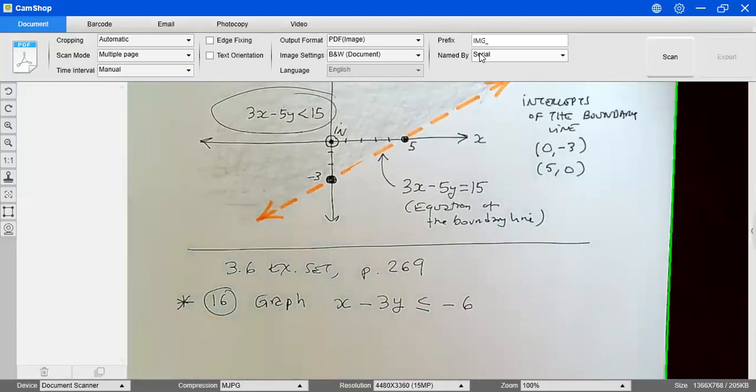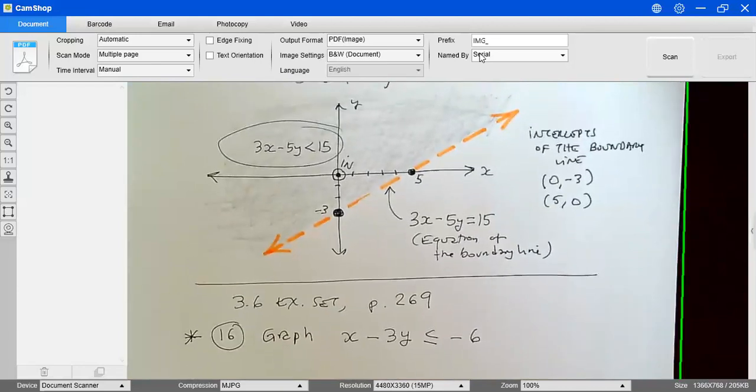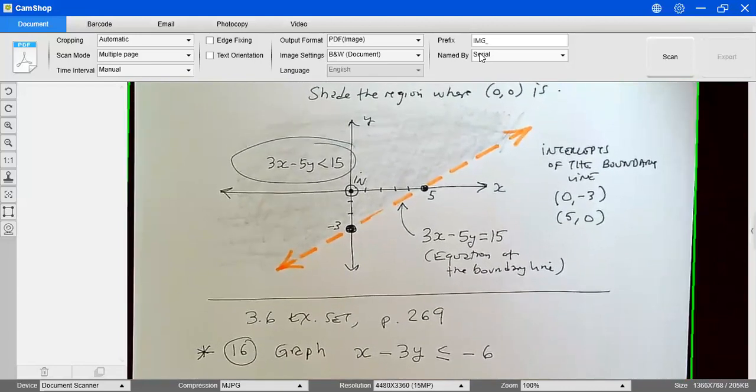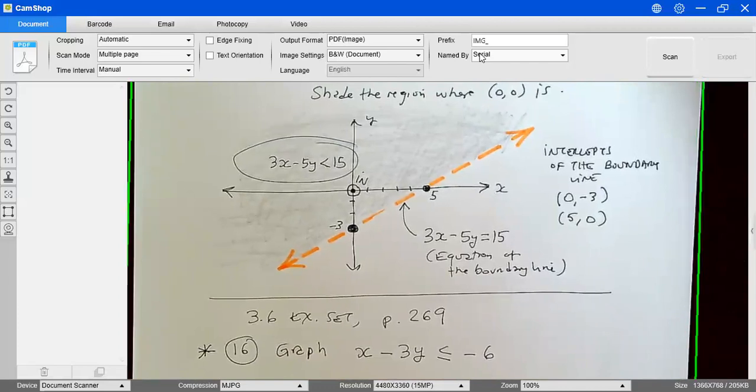And you're going to turn it in to me once you finish that. So that's your assignment for this class work.